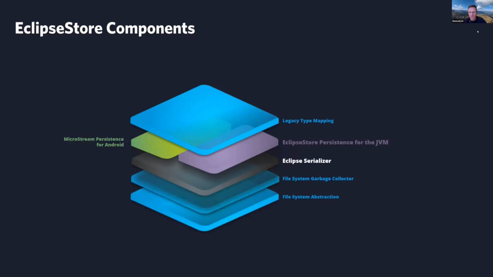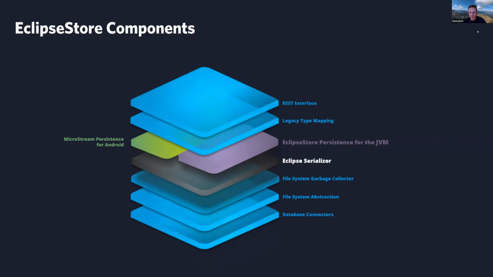We have a file system abstraction, so you can store your objects wherever you want. You can store it in Kubernetes or in persisted volumes. You can store it in S3, for instance, or you can use a plain file system to store your objects, so you can store it almost everywhere.